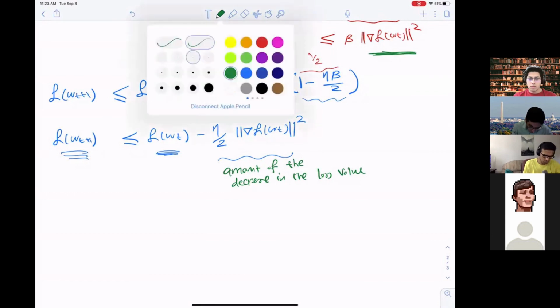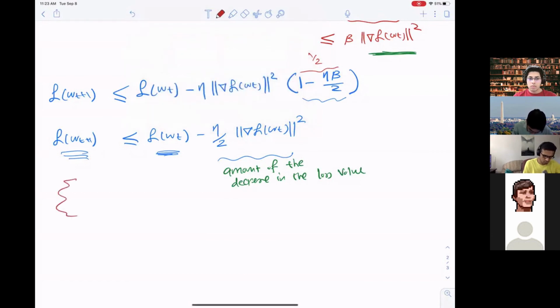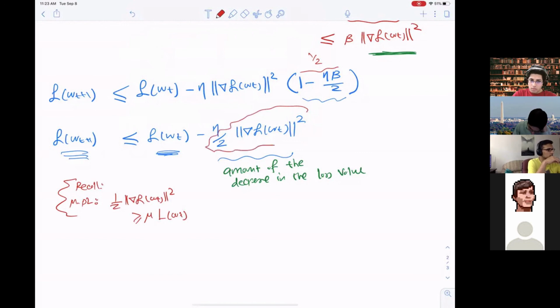Because if you recall the mu PL assumption, what we have is that the norm squared of the gradient at a point, let's say WT, is larger than mu times the value of the loss. Here you can see this amount of decrease of the loss in each iteration of gradient descent is bounded by 1/2 the norm squared of my gradient.